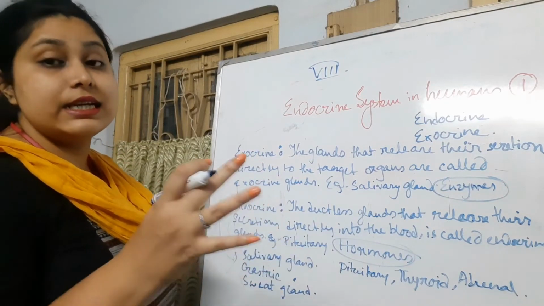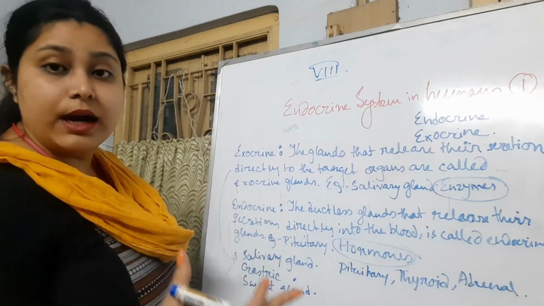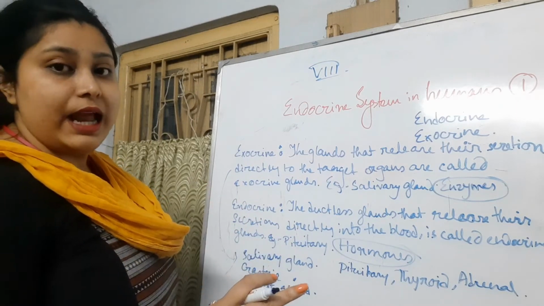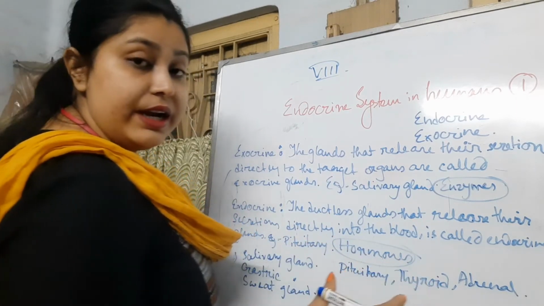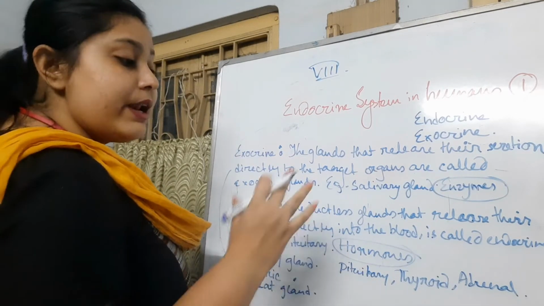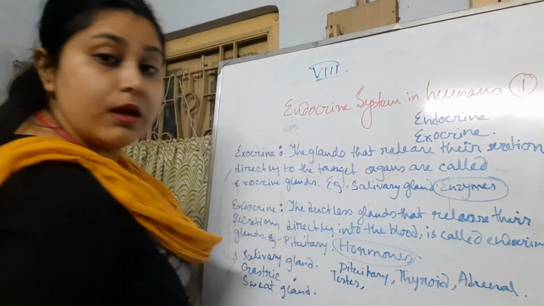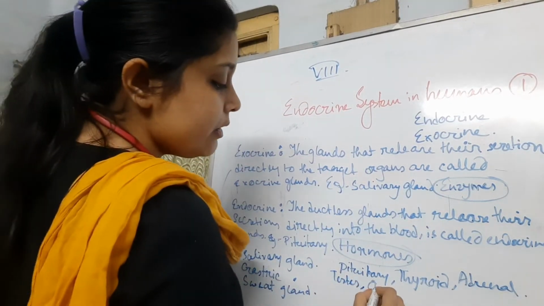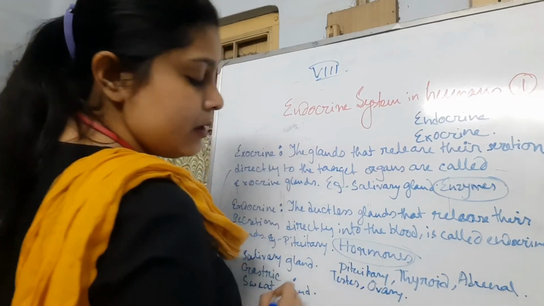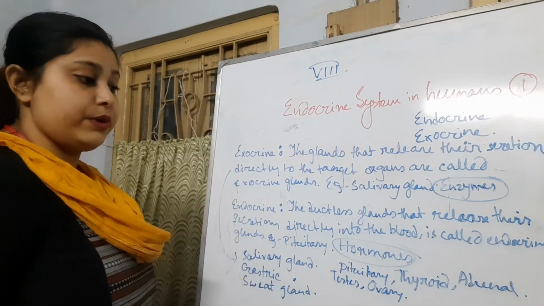The adrenal gland actually consists of two parts, adrenal cortex and adrenal medulla. Both are parts of the adrenal gland, and they secrete different kinds of hormones from the different parts. Also there are the testes and the ovary. These are all examples of the endocrine glands.